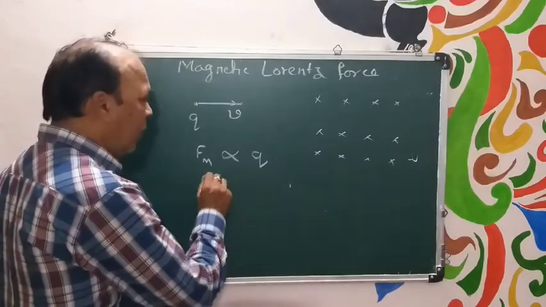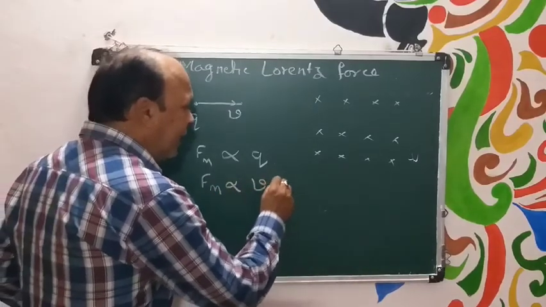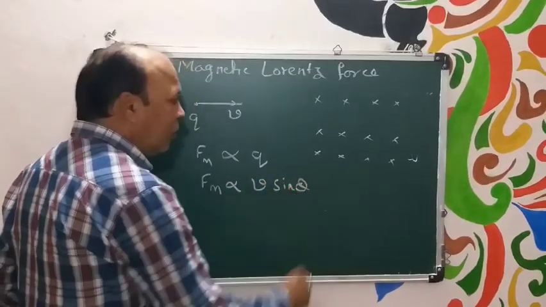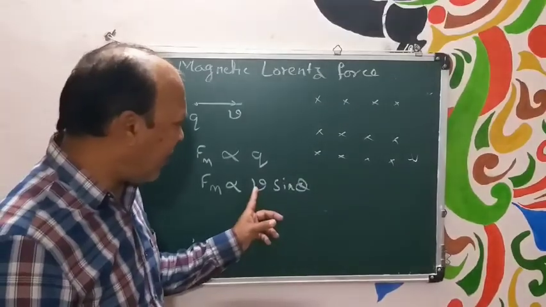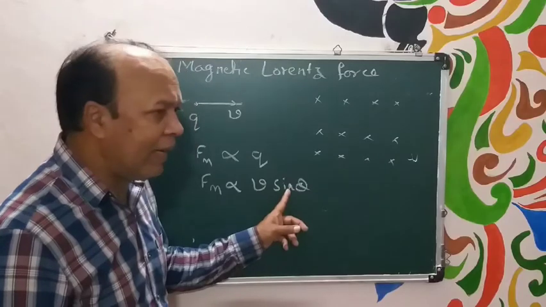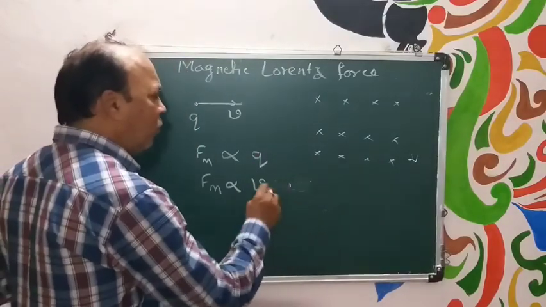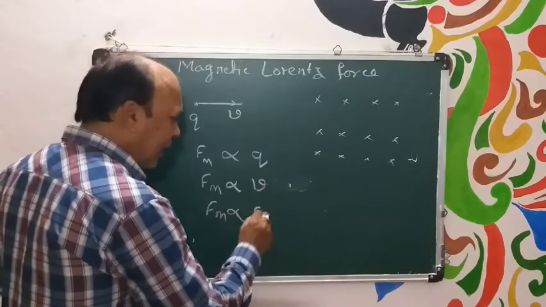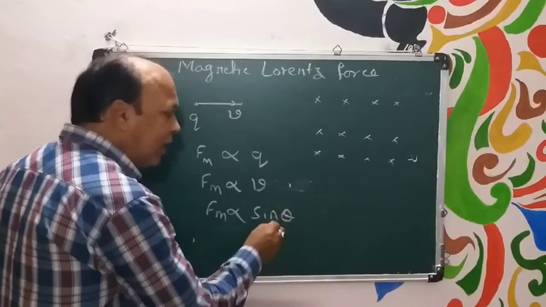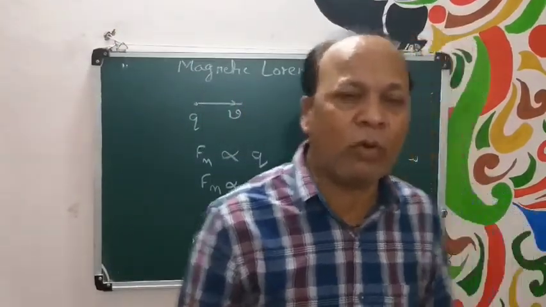This force will also depend on V sin theta. Why have I used the term V sin theta? I have combined V and sin theta. We may write it in a different way also: Fm will depend on velocity, and Fm may depend on sin theta. Why is the term sin theta introduced?